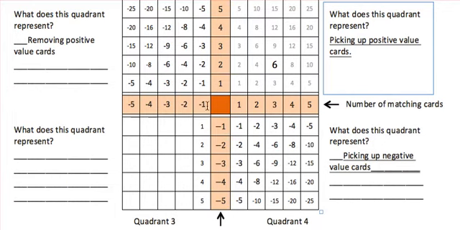Keeping in mind that if we remove a -1, it will increase our score by 1. Likewise, if we remove 2 -1s, that will increase our score by 2. And so we can see that quadrant 3 represents removing negative value cards.